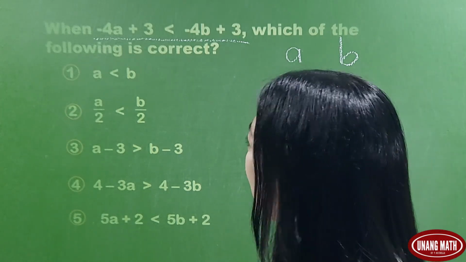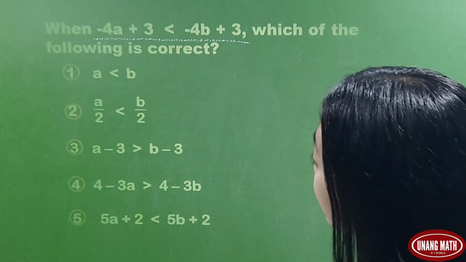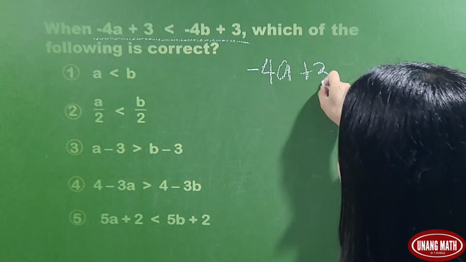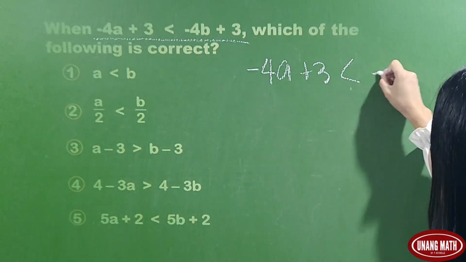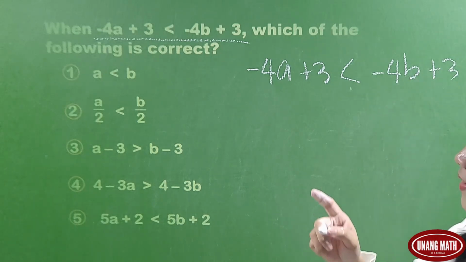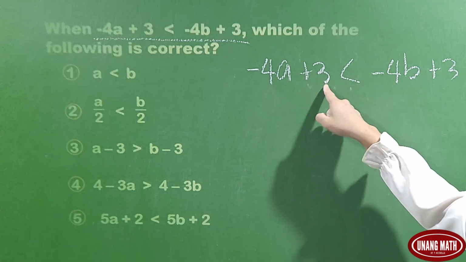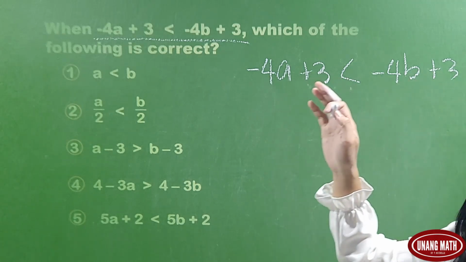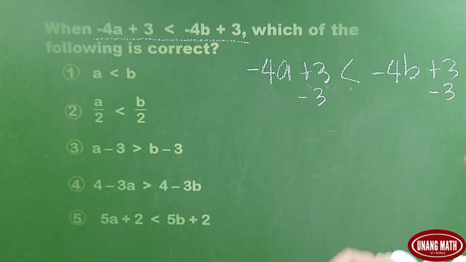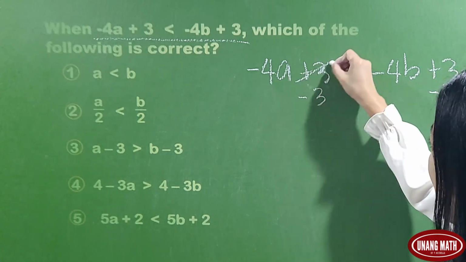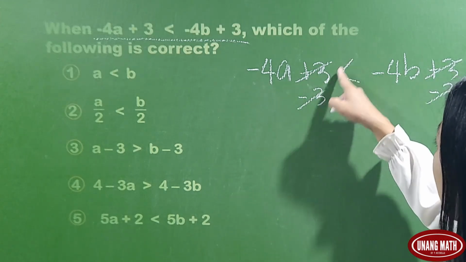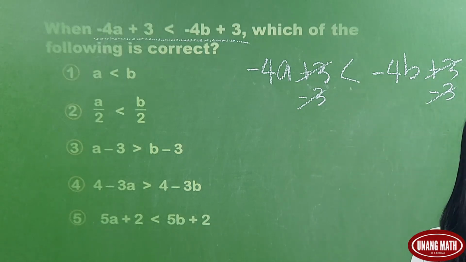First, let's copy negative 4a plus 3 is less than negative 4b plus 3. Let's eliminate plus 3 on both sides of this inequality. To do that, just subtract 3 on both sides. So this will be canceled. So we only have negative 4a less than negative 4b.